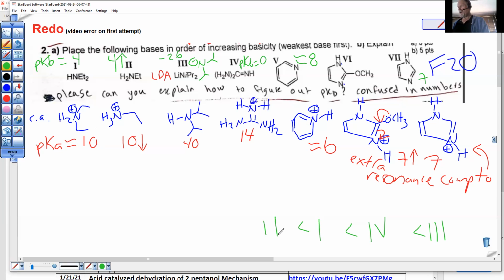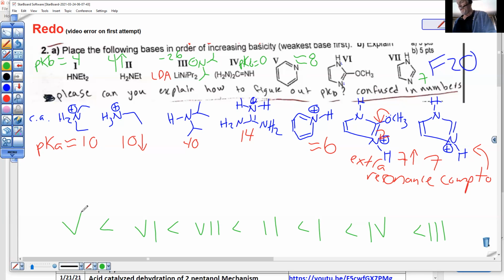And we'll talk about why. And then we're going up to our 7s. And we already explained that, well, if this is a more stable acid, that means the base is less reactive. So I'd have to put VII as better than VI. And our worst in this example is the pyridine. So we got them in order there.